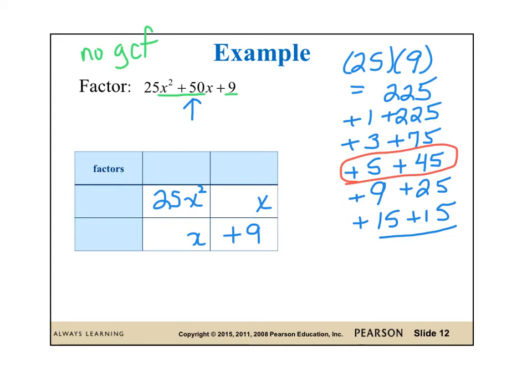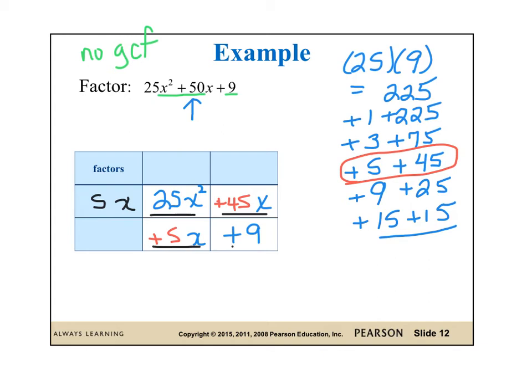So here we actually need our original method. And we're going to use our greatest common factors. So between 25x squared and 45x, our greatest common factor is 5x.